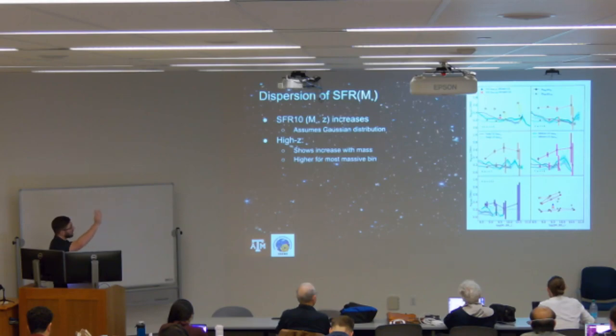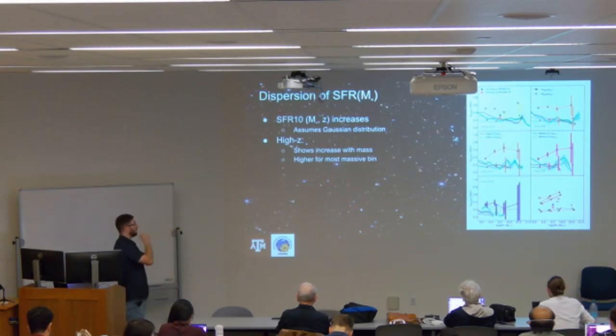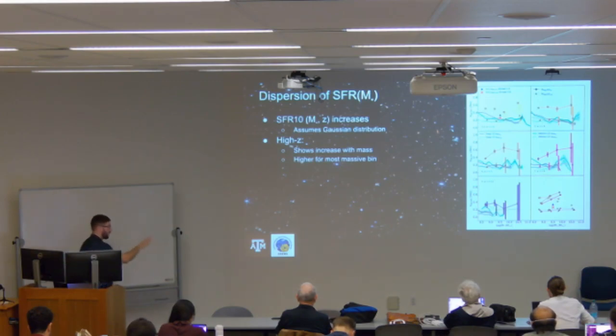And we can see that at higher stellar masses, especially at high redshift, we tend to get an increase in the scatter along the star forming main sequence. I don't want to put too much into that. This could be selection bias, since faint things are hard to see, so we could just be missing galaxies that are not currently forming stars at lower masses.